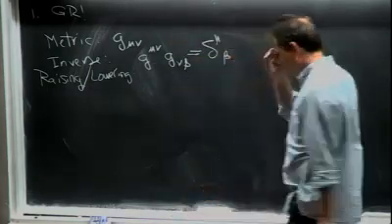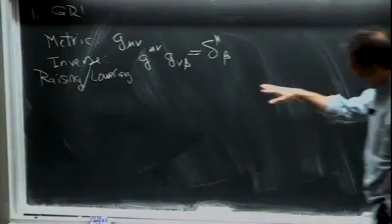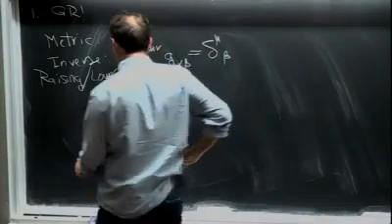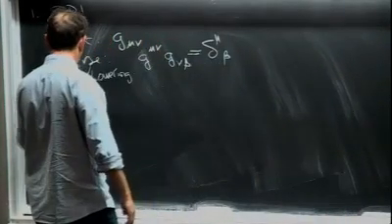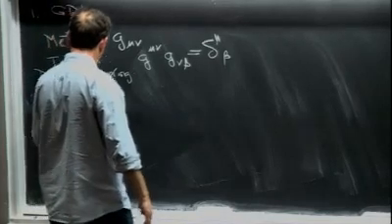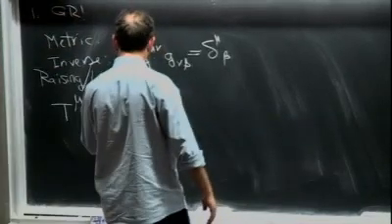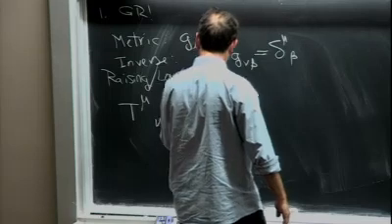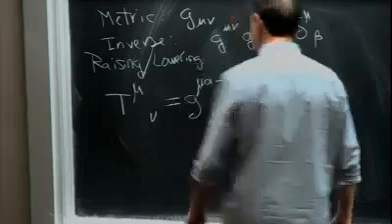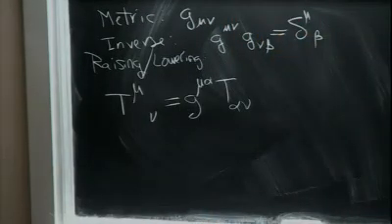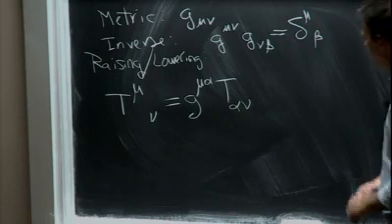So that's just the inverse with upper indices, and you lower and raise indices with the metric. For example, for the stress-energy tensor, T_{mu nu} = g_{mu alpha} T^alpha_nu. You just lower and raise with the metric. So that you know.